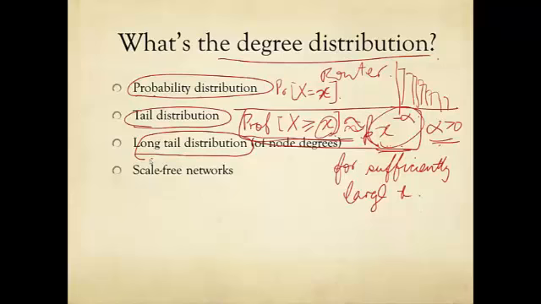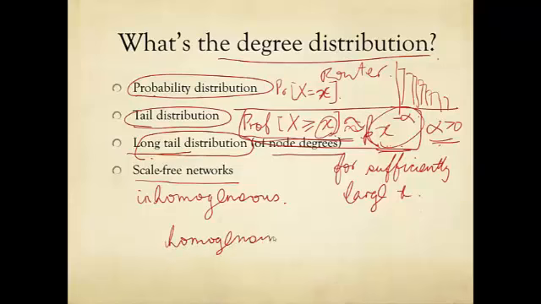If in a graph the node degree distribution follows a long tail, then we call the corresponding network a so-called scale-free network or inhomogeneous network, as opposed to homogeneous networks.